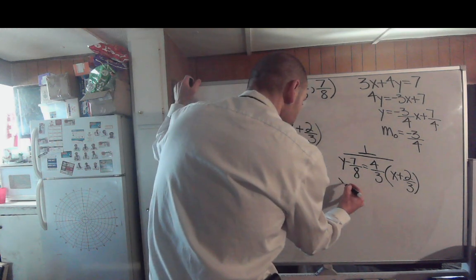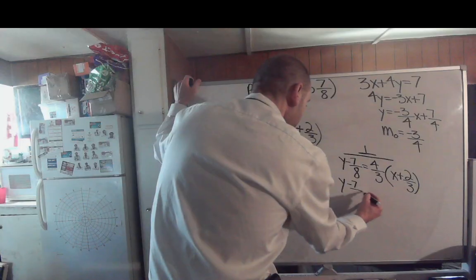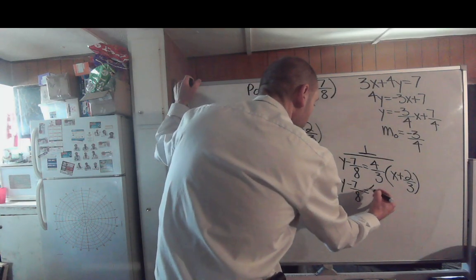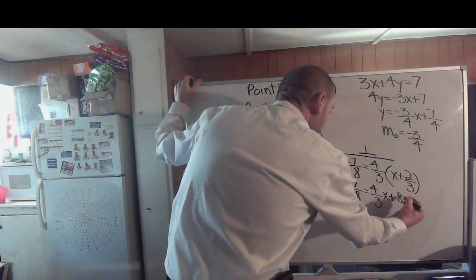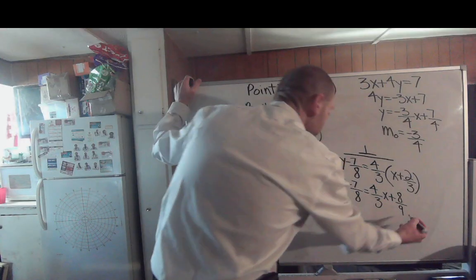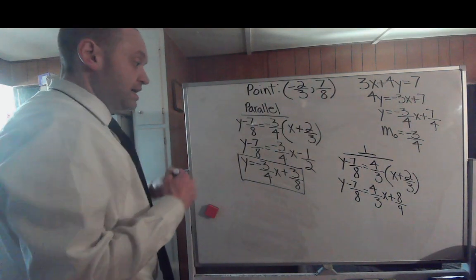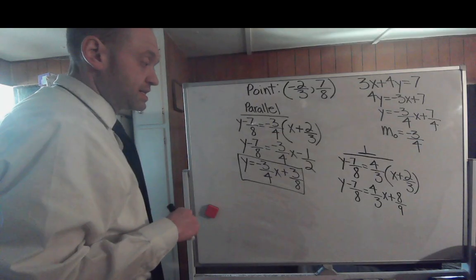So this is going to be y minus 7/8 would equal 4/3 x plus 8/9. Yeah, this is not looking pretty, is it? Not at all.